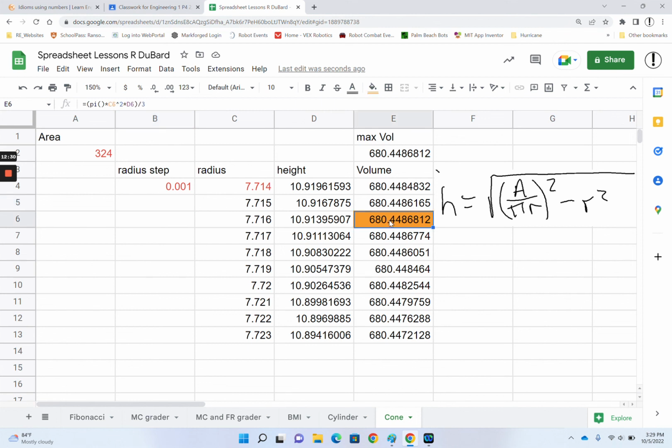So what we find is the maximum volume enclosed by this cone is when the radius is 7.71 and the height is 10.91. Now this is kind of interesting. The diameter is twice the radius. What's funny about this is that ice cream cones are kind of tall and thin.